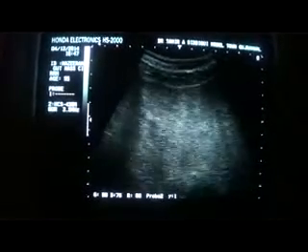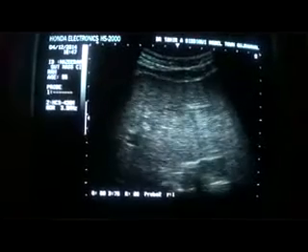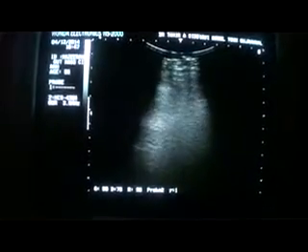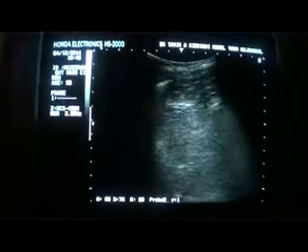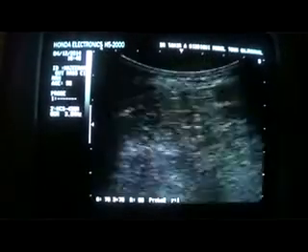This is the left lobe of the liver in transverse section. Liver is within a normal dimension. Well, this is the spleen.